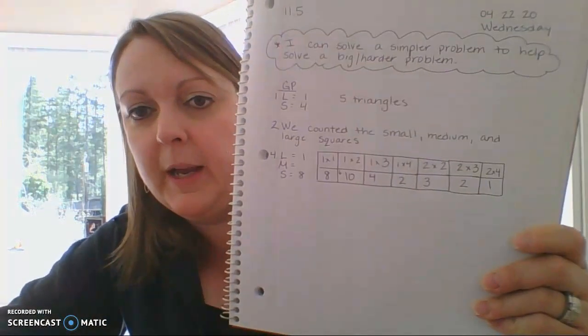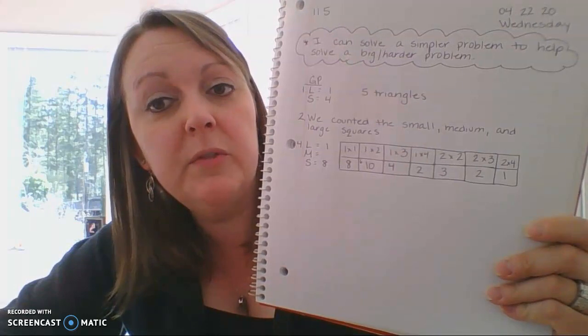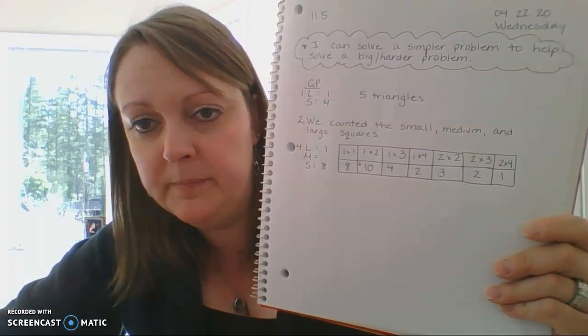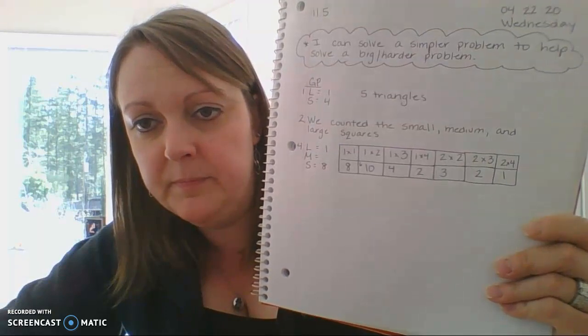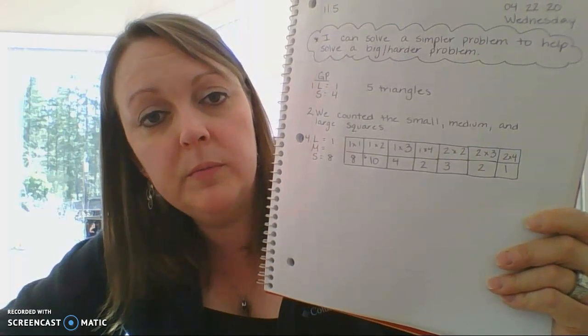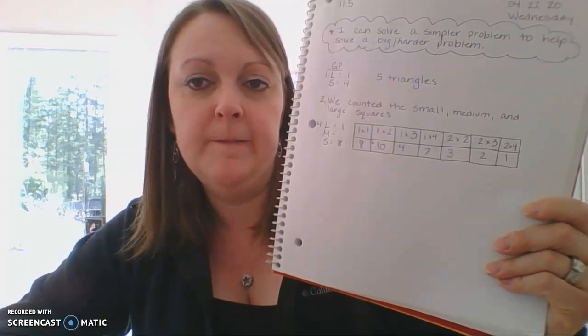I can get it in front of the camera. 8 plus 10 plus 4 plus 2 plus 3 plus 2 plus 1, and that is 30 rectangles.